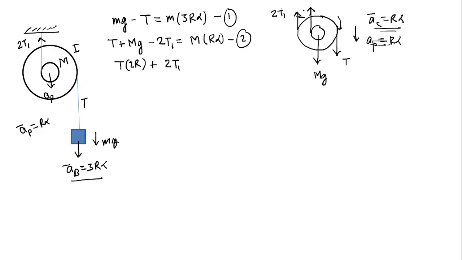So this is actually 2T1 and this is wrong. Let us just erase it out so that you don't get confused. So here this is 2T1 and not that. Okay. So you can see for the rotation, the clockwise torque is T times 2r plus 2T1 times r equal to I times alpha. This is the third equation.